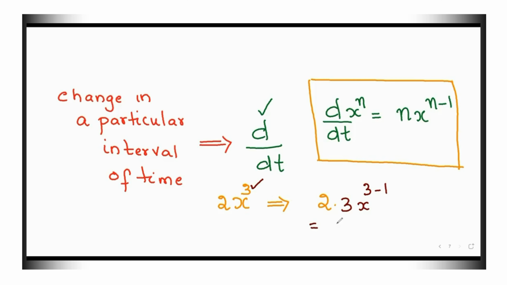This will be 2 into 3, 6, x raised to 2, x square. So this is how we do the differentiation.